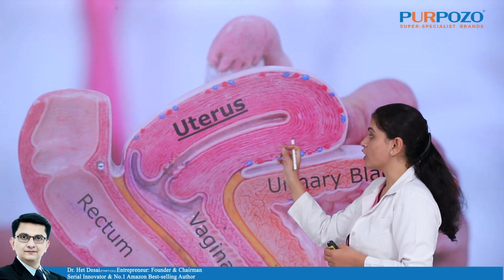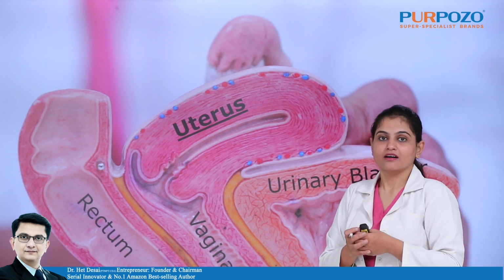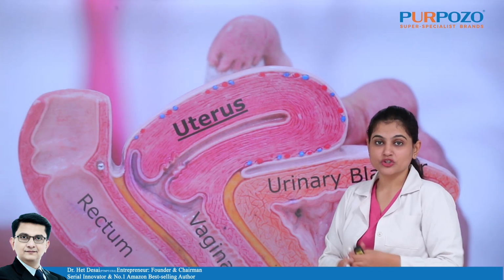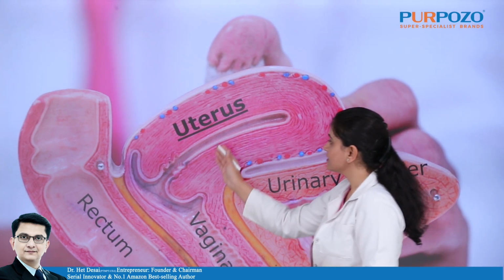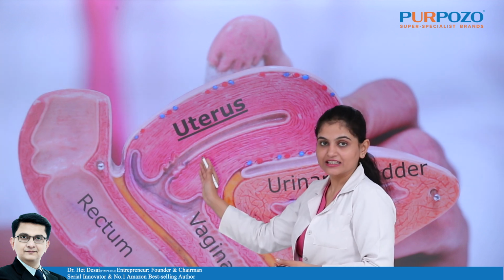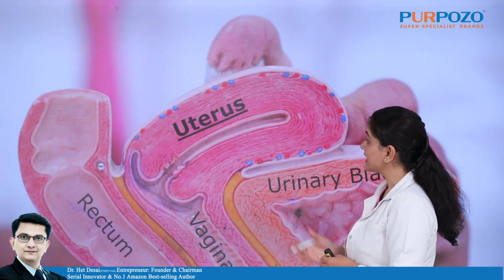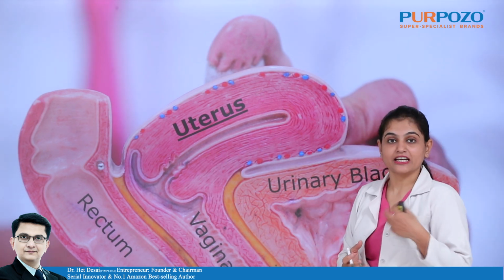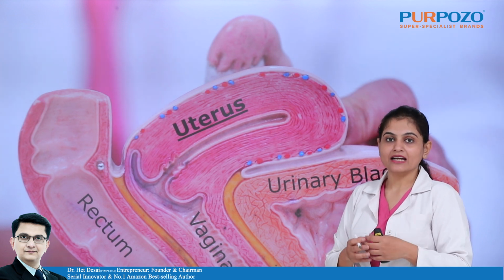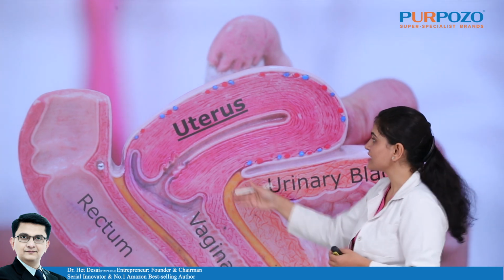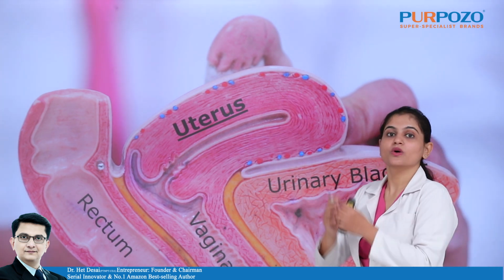So, it contracts during periods to expel the shed internal layer. It also contracts during sexual activity, so that the sperms can travel faster towards the ovum.